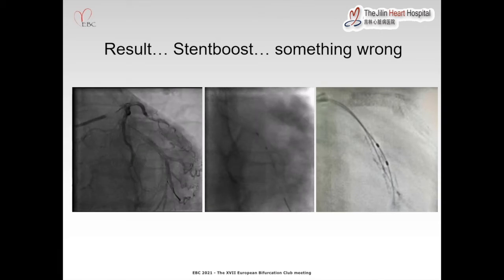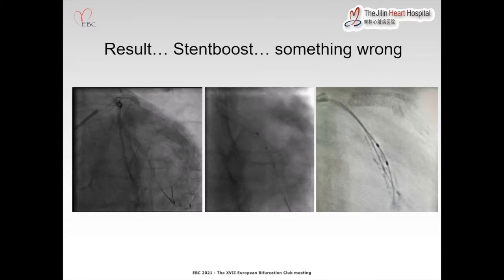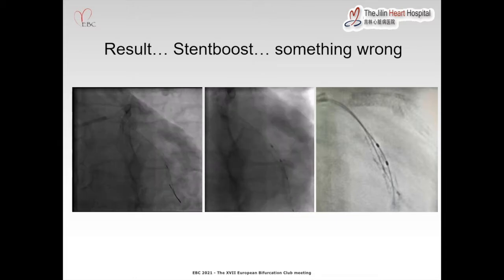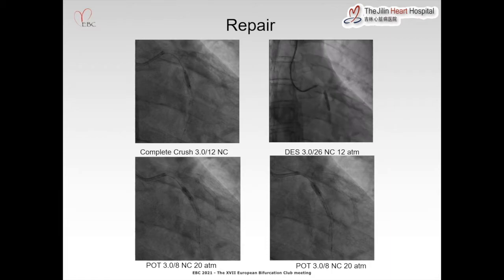The angio was not so good, and he did a stent boost, and the stent boost was ugly, terrible. So he did IVUS, and although the angio was not so bad, this showed multiple places where the stent was crushed, so the wire went in and out many times during the first rewiring or the second one.